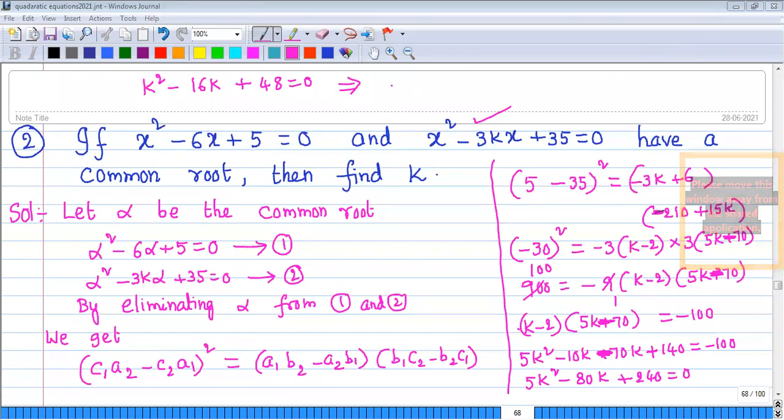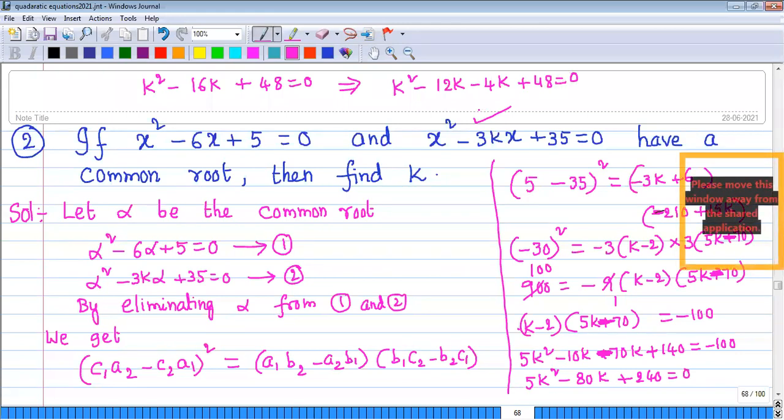Right. This we can write k square minus 12k minus 4k plus 48 equals to 0. k common, k minus 12, minus 4 common, k minus 12 equals to 0. k minus 12 common, k minus 12 into k minus 4 equals to 0.